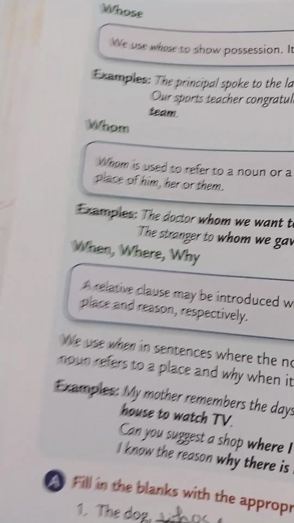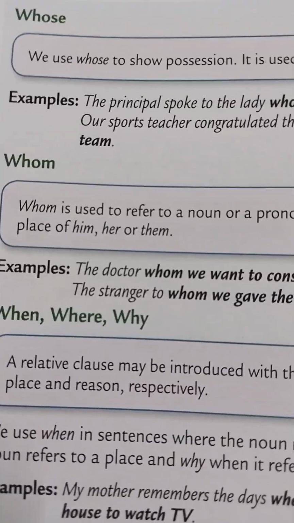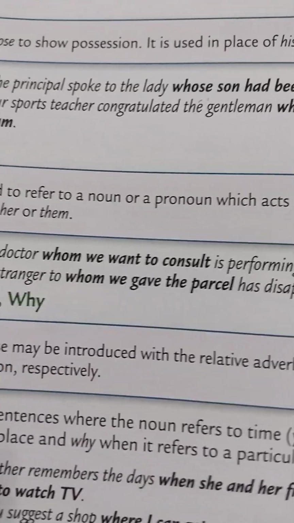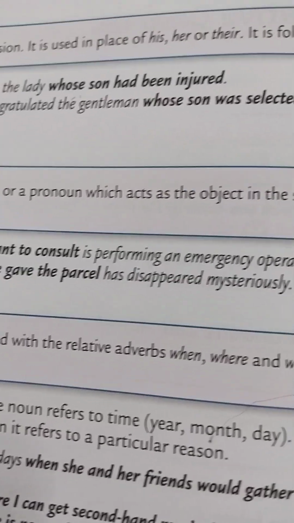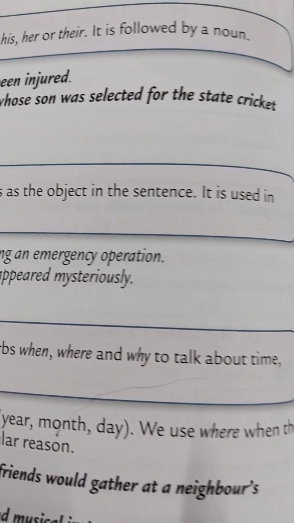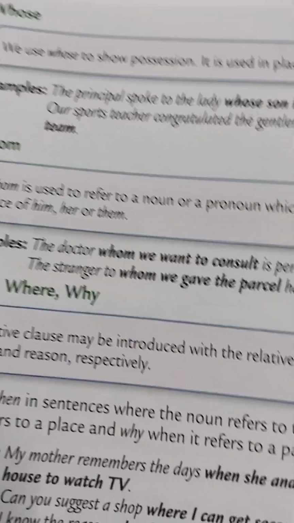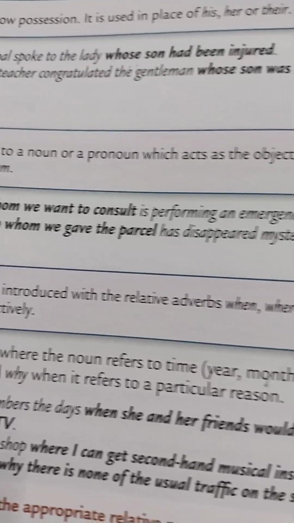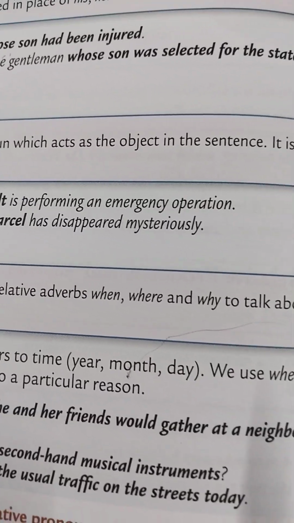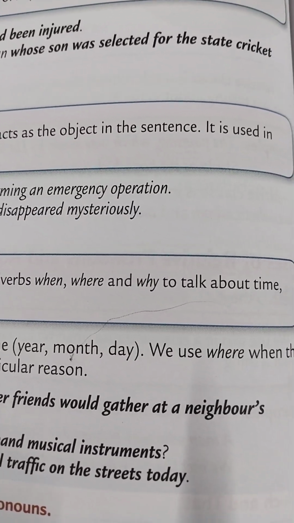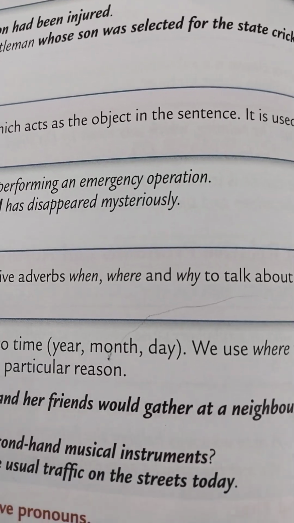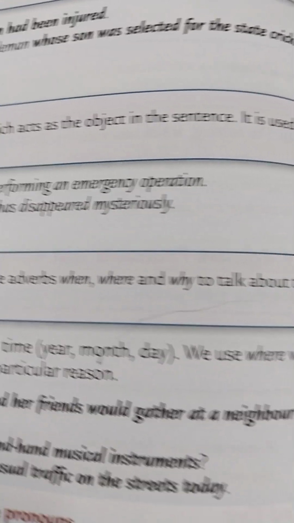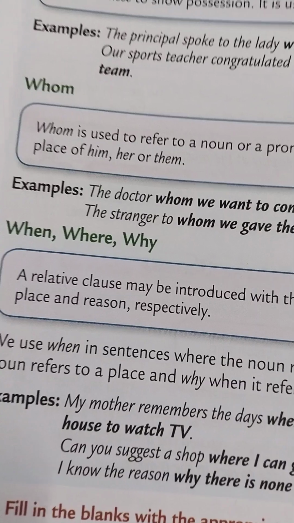Now we will study the use of the relative pronoun whose. Children, we use whose to show possession. It is used in place of his, her or their, and it is followed by a noun. For example, our sports teacher congratulated the gentleman whose son was selected for the state cricket team.